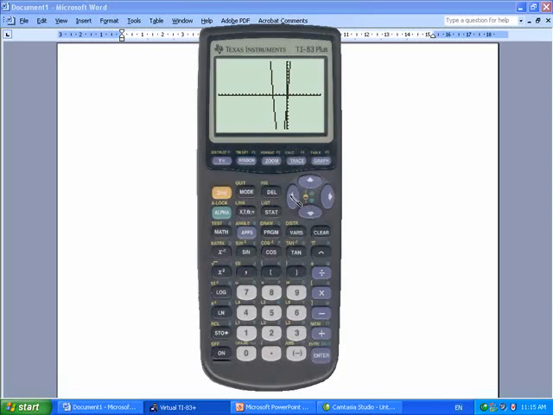Now to get the x-intercepts, there's two of them, and I'm going to get the one on the left. So I press second trace, which is the calculate menu, and then I press 2, which is the zero key. It's very similar to the previous max-min function that we looked at. We move the arrow so it's to the left of what we're looking for.